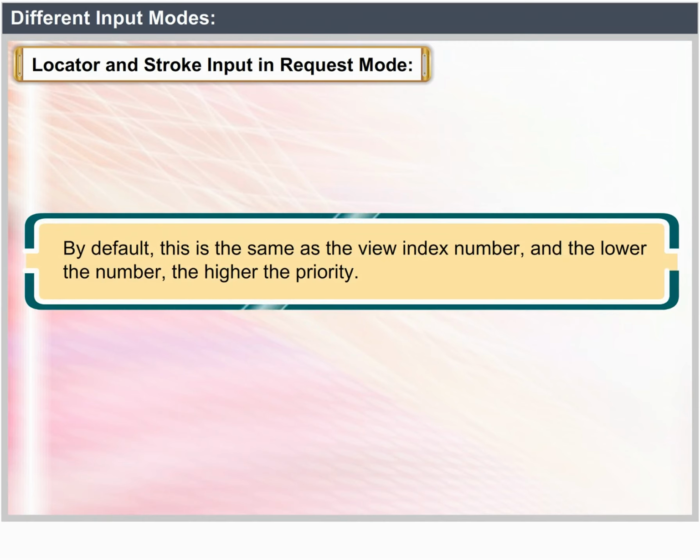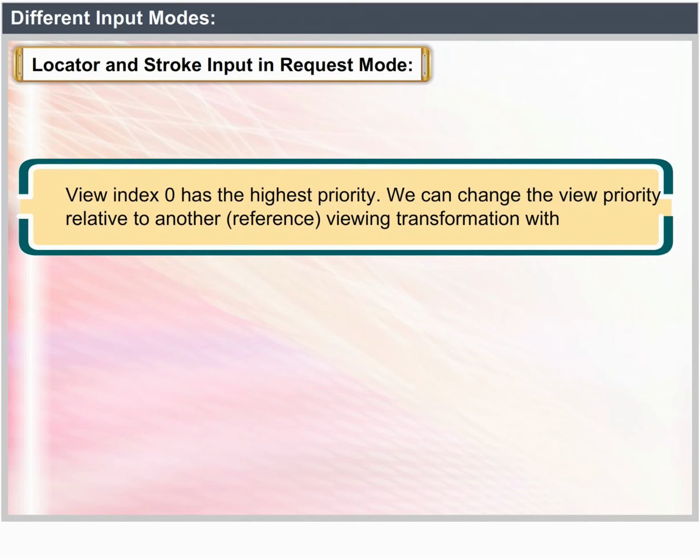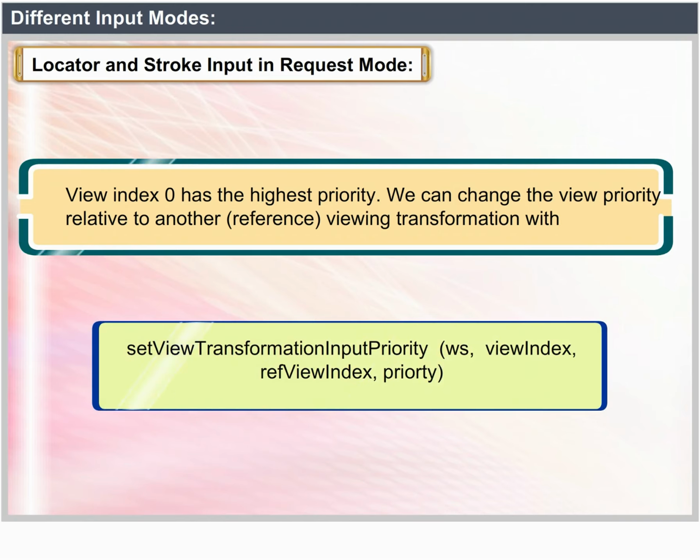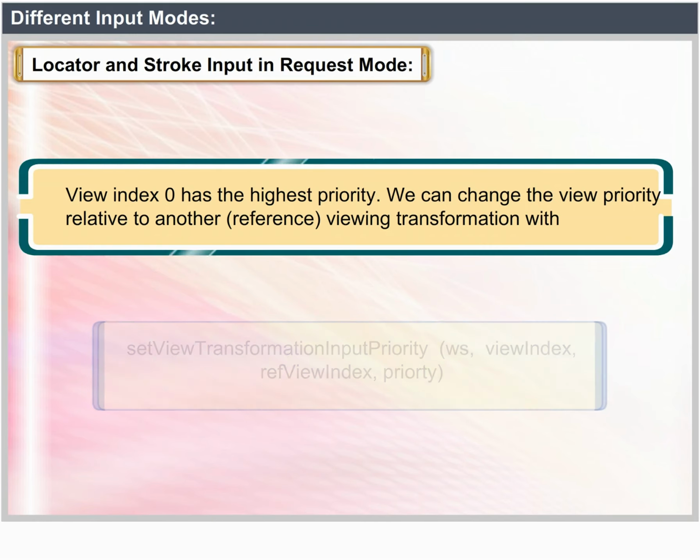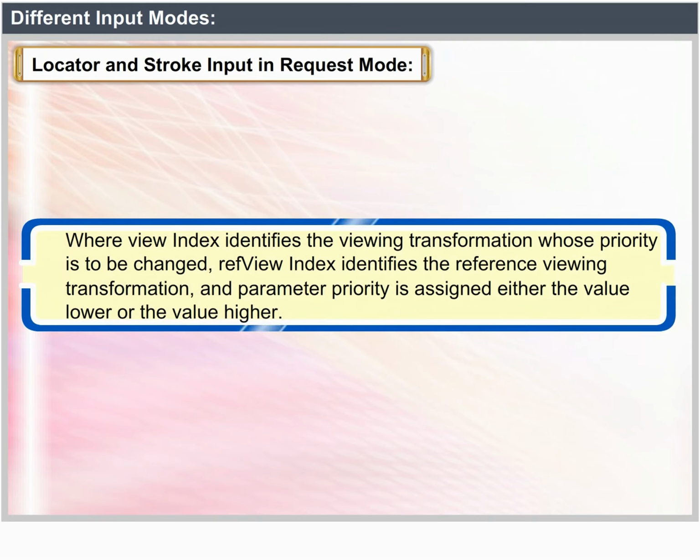We can change the view priority relative to another reference viewing transformation with the set view transformation input priority method, where view index identifies the viewing transformation whose priority is to be changed. Ref view index identifies the reference viewing transformation, and parameter priority is assigned either the value lower or the value higher.